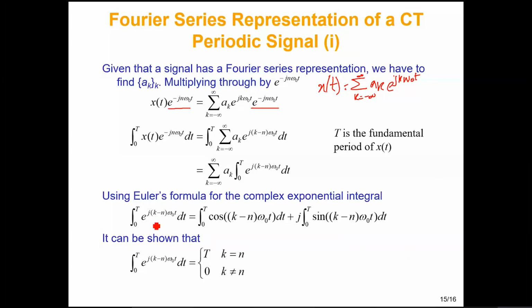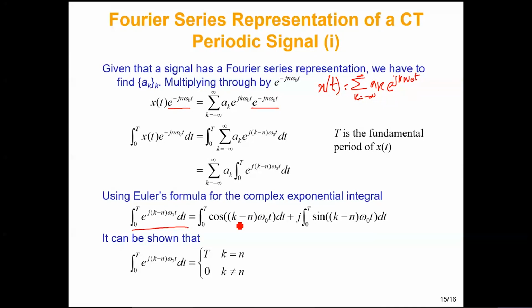So this integral, from 0 to T of e raised to the power of j(k minus n) omega naught t dt: this complex exponential can be written in terms of a sinusoid, a real part and an imaginary part. So we end up getting cosine and j times sine, and we can have the integral of both separately. A very interesting thing comes here.